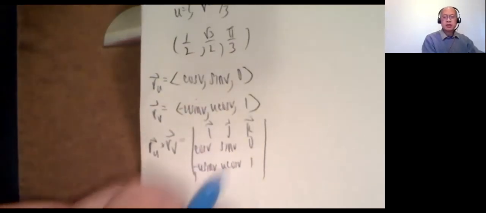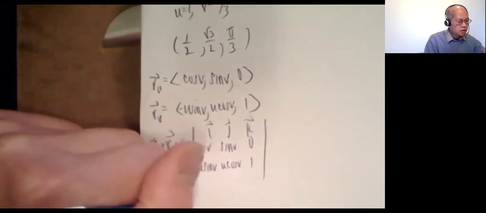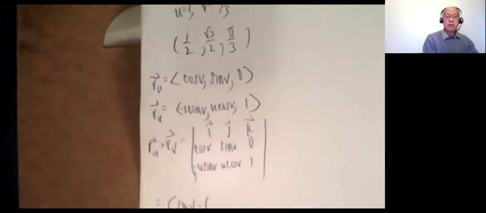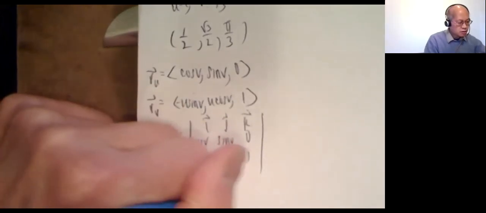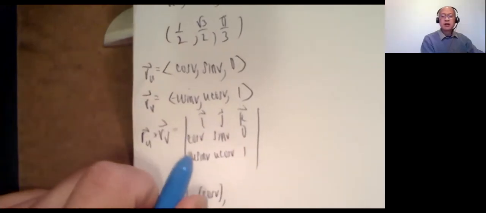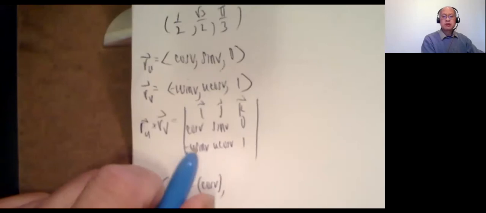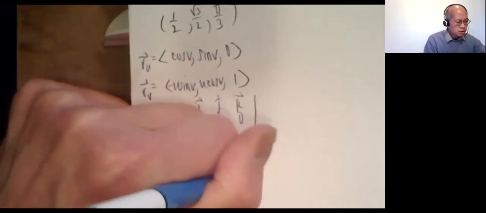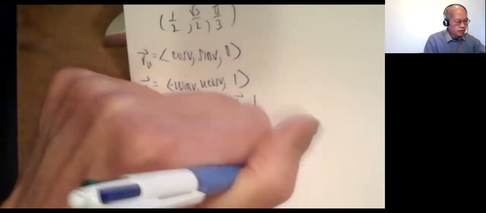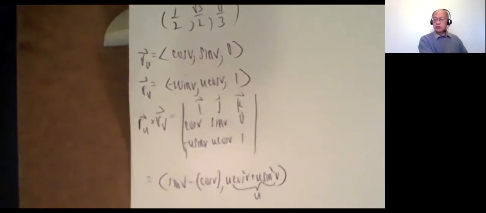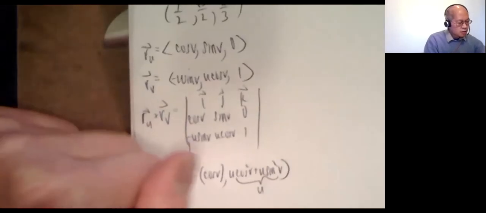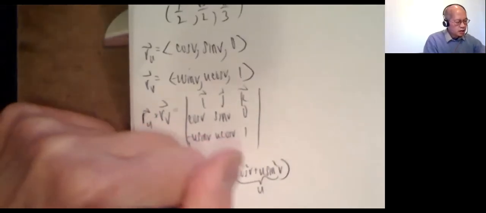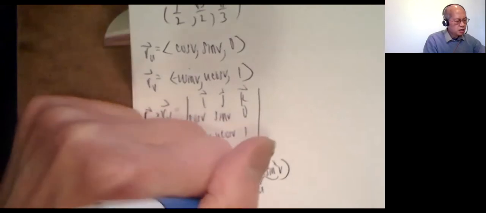So it's i times sine v, minus j times cosine v minus nothing. And then u cosine squared v minus a minus, so plus u sine squared v. And we know that's equal to u. So we have sine v, negative cosine v, u.